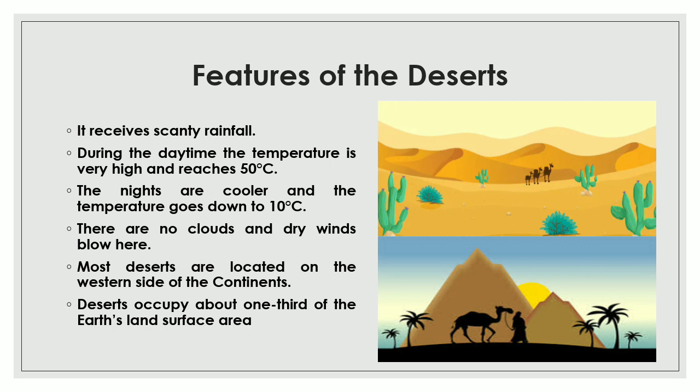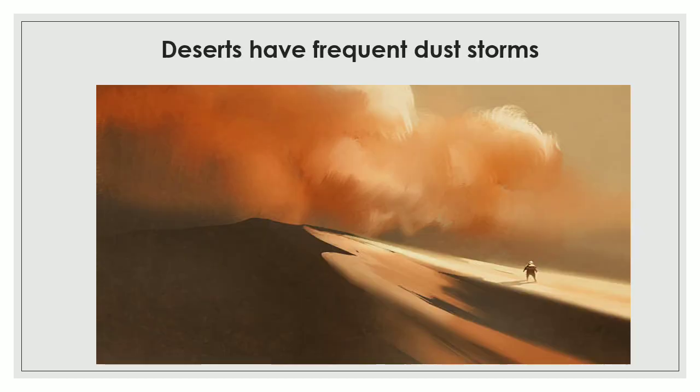Another very important feature is that most of the deserts in every continent are on the western side of the continent, right? If we talk about Asia, generally the Thar Desert and the Iranian Desert are towards the western side. Deserts occupy 1/3 of the earth's land surface area. So whatever the land is, 1/3 of it is desert.